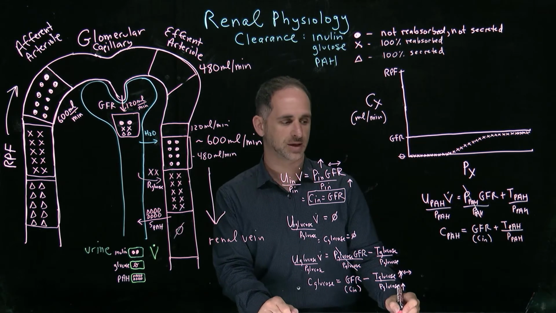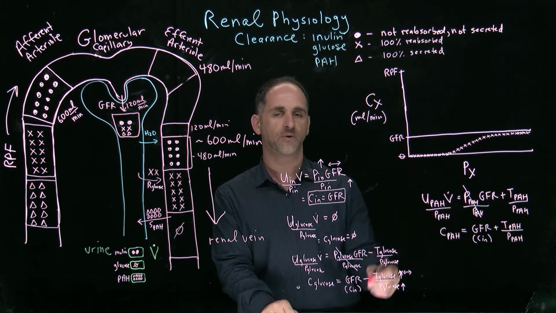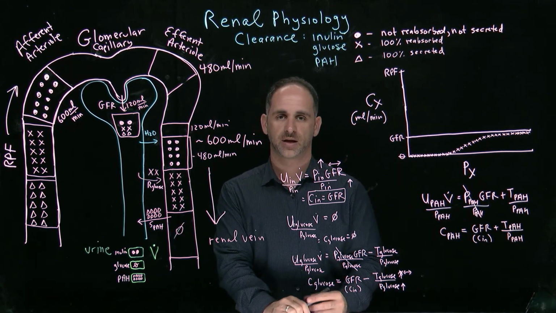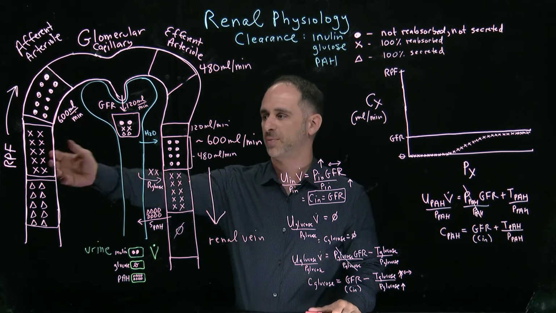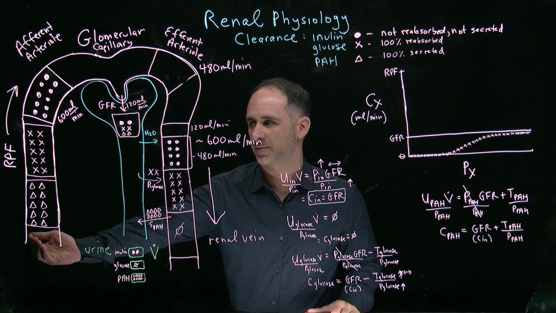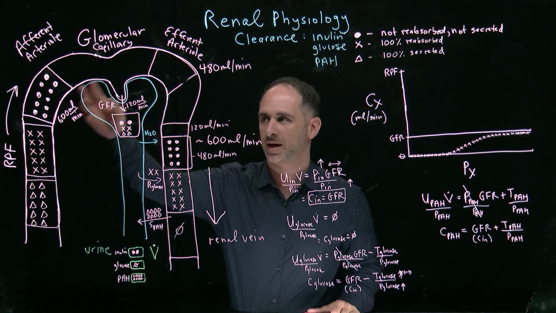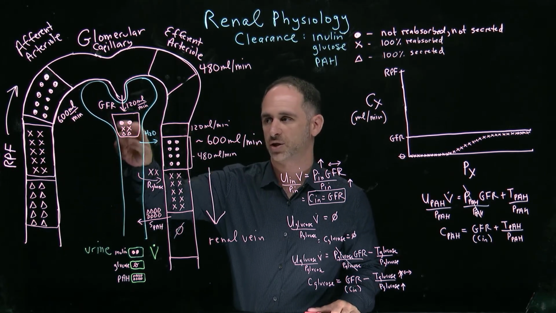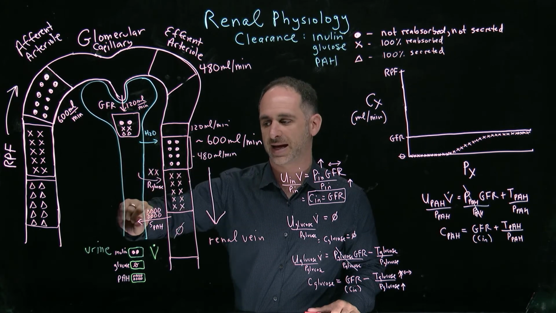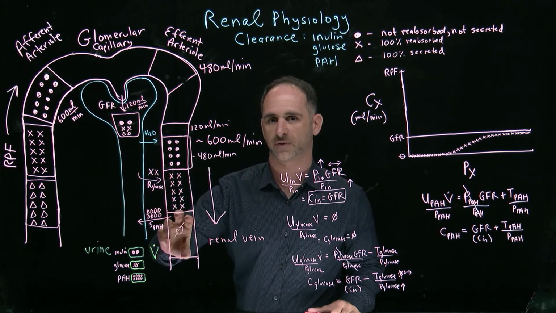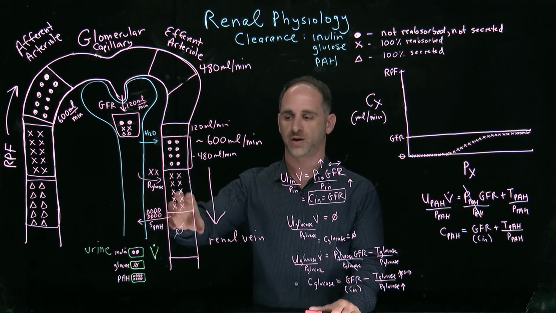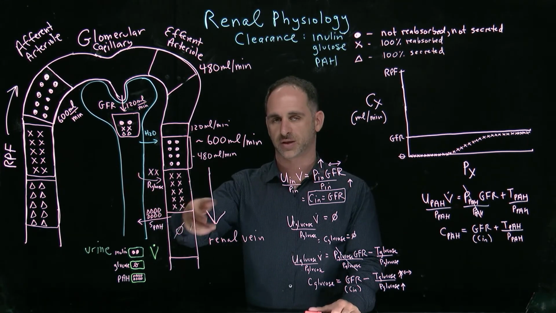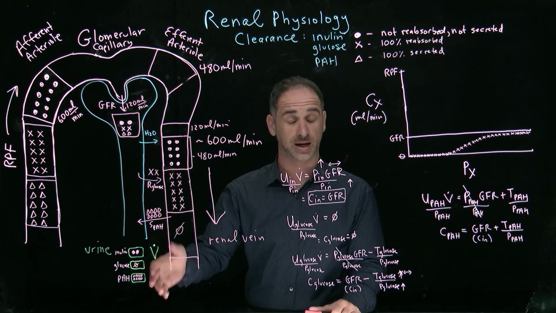So now in this case, we know that before, the clearance of PAH was equal to the renal plasma flow. Remember, the amount of PAH that was coming in was 10, and then all of it got secreted. You had 2 over here that got filtered, and then 8 that got secreted, so there was 0 left over here in the renal vein. That volume, the renal plasma flow volume, was empty, right? It was cleared of PAH.